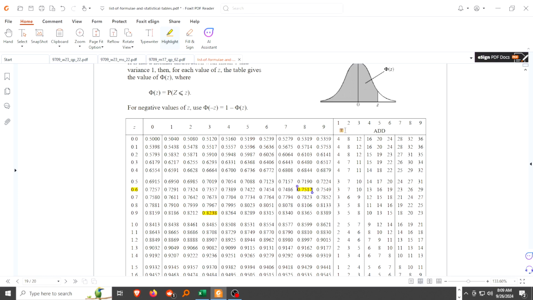So once we have 0.6, we come under 8, we get this, then 2 under 2, so that is 0.7517 plus 7, which is 0.7524. So 0.7524 is the probability that we want in this particular case.